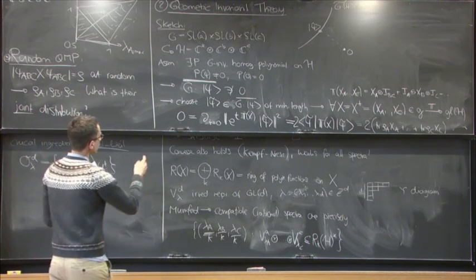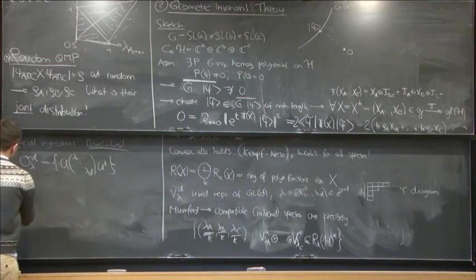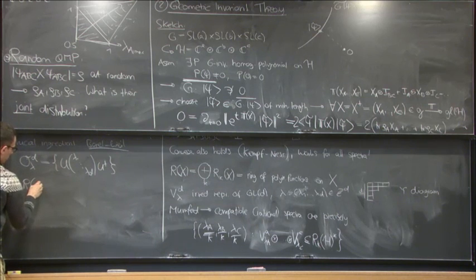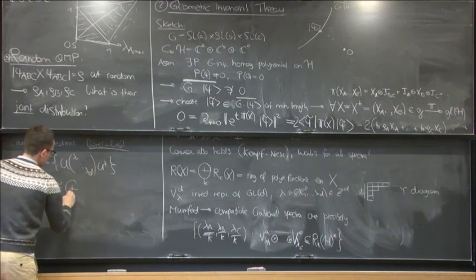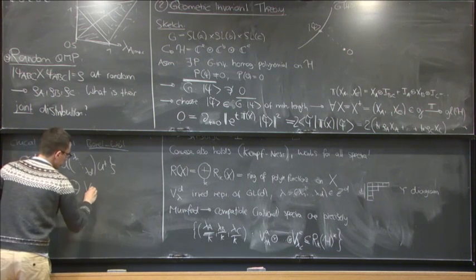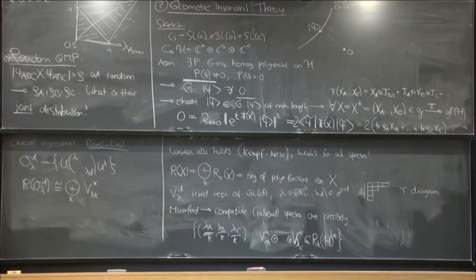It makes sense to also look at this ring of regular functions as we did before. And the point is that the ring of regular functions of this object in degree k is just the dual of the irreducible representation with highest weight k lambda. So this is basically kind of the pointwise correspondence.